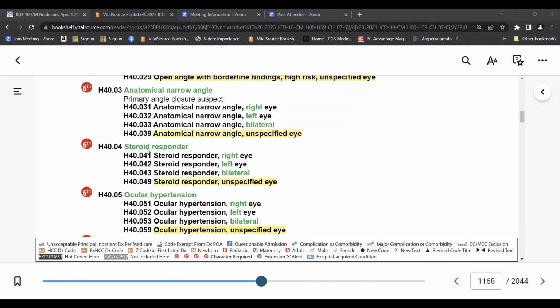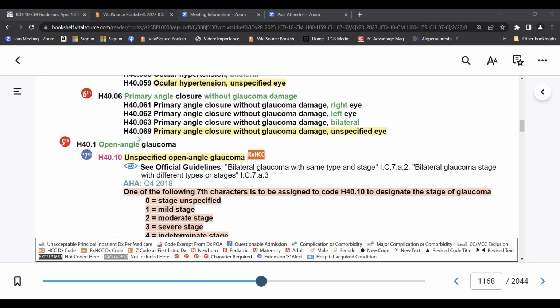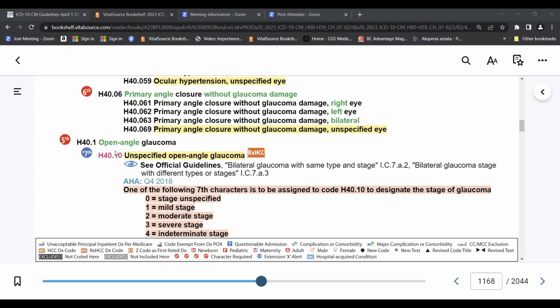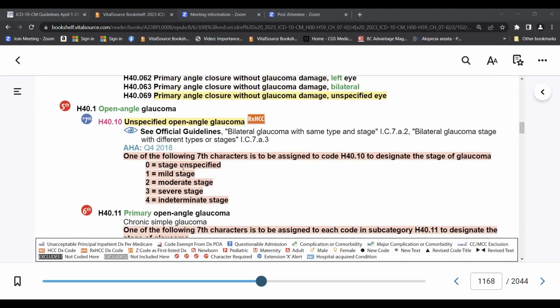Now, I'm not going to speak on each one of these, but I want to show you just a few more that may be more popular, like primary angle closure without glaucoma damage. And then you have open angle glaucoma, primary open angle. Now let's talk about this. Open angle glaucoma is the category here, unspecified open angle.